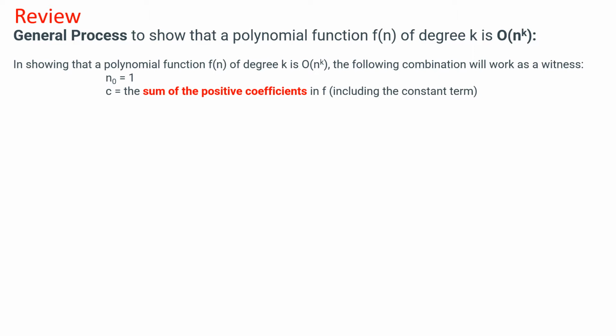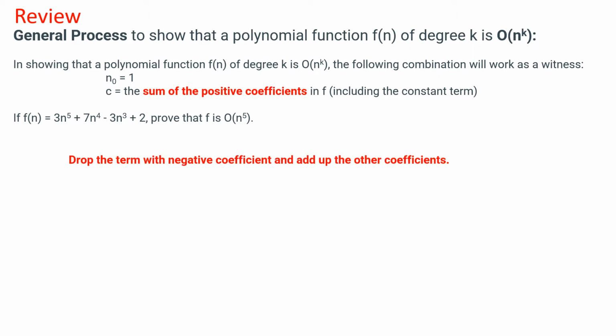So we learned that if we have a polynomial function of degree k, then these are the two values that combine to work as a witness: n naught would be 1, and c is the sum of the positive coefficients. And we actually showed how to prove that for individual functions, how to get c, and then show that any given polynomial function is that particular O of something.